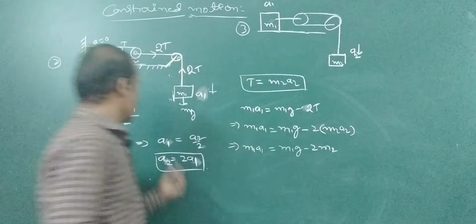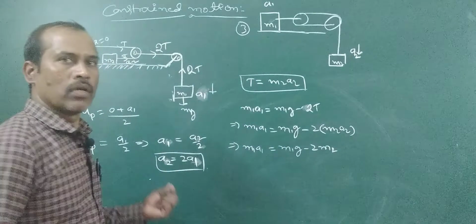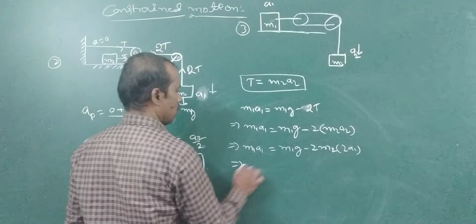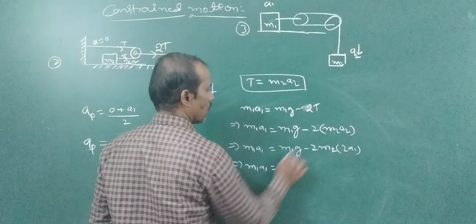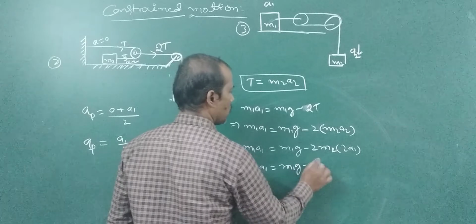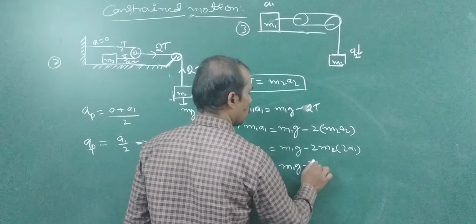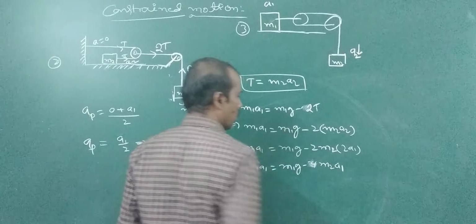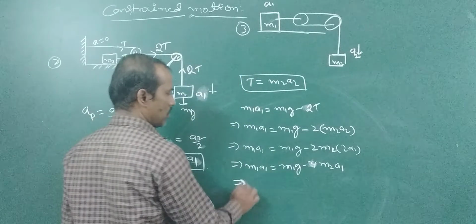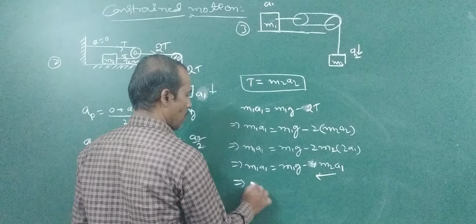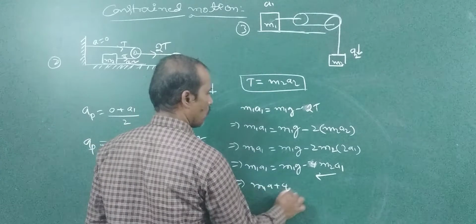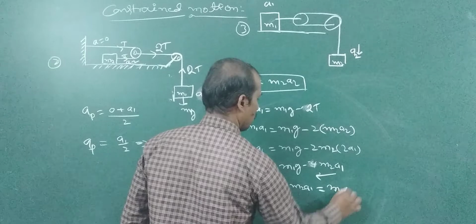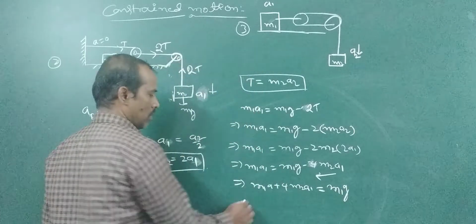Here A2 is equal to 2 A1, so substituting, M1 A1 is equal to M1 g minus 4 M2 A1. Taking it to the left side, M1 A1 plus 4 M2 A1 is equal to M1 g.